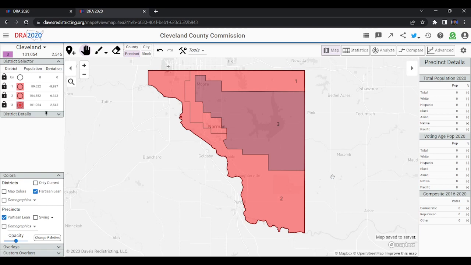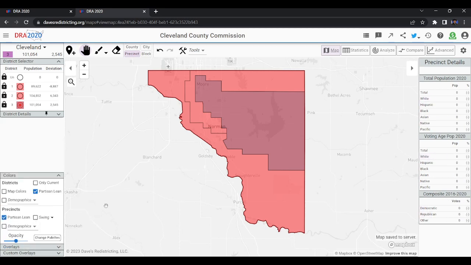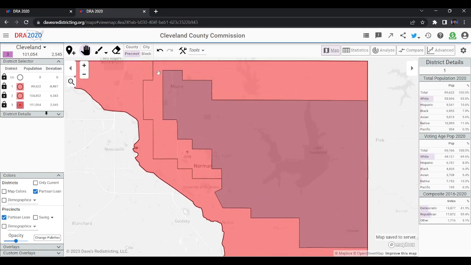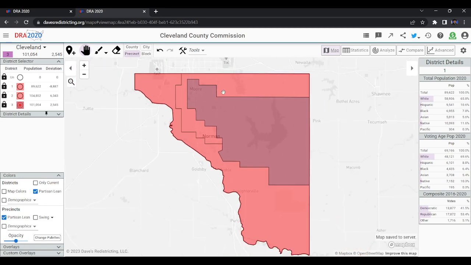So here we have the current Cleveland County Commission lines. I don't know if these actually correspond to the actual districts. I don't think they do, so my apologies on that. We'll just turn off the district labels there. But what we can see here is that Cleveland County is divided into 3 districts, as are all county commissions in the state of Oklahoma.